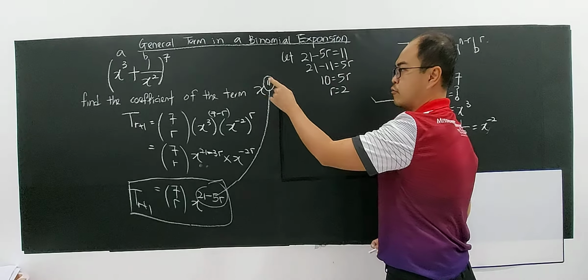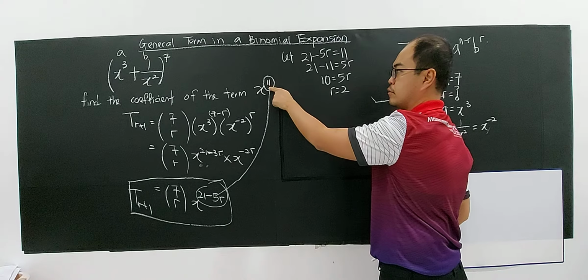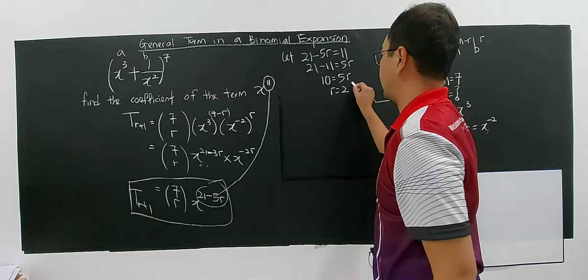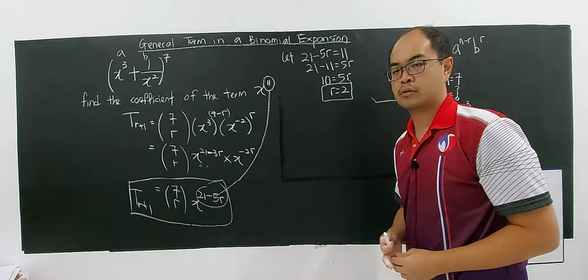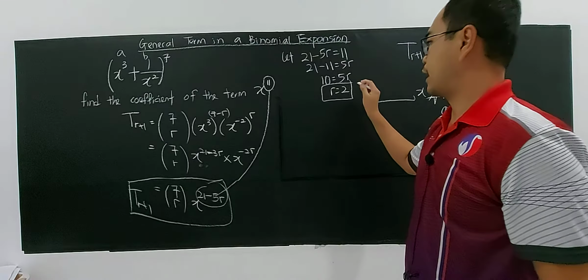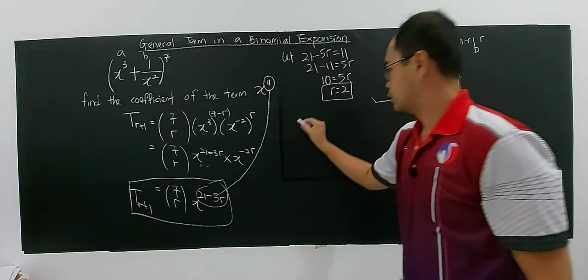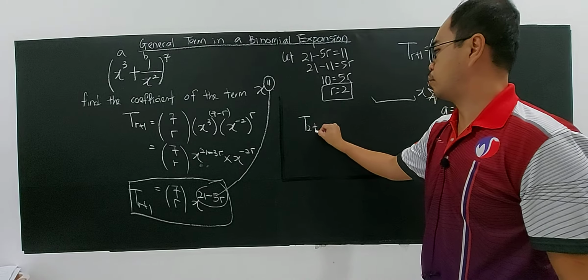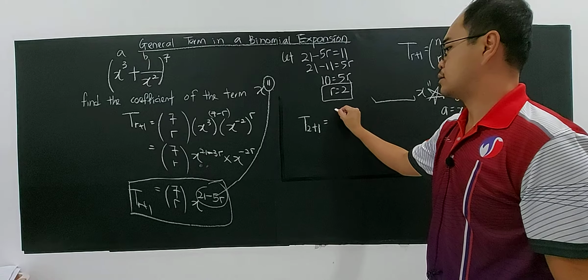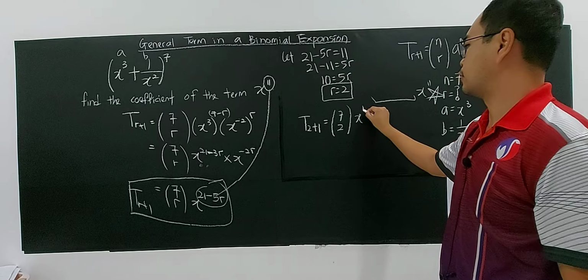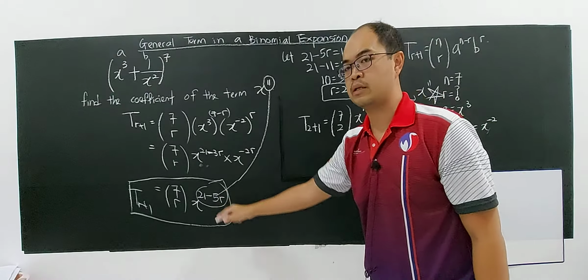The question said to find the coefficient of x to the power of 11, so you must choose the right value of r. There is only one r for this case: r equals 2. After you get this, you put it into the formula. So you have T 2 plus 1, r plus 1, with x to the power of 11, of course, because you set it to be 11.